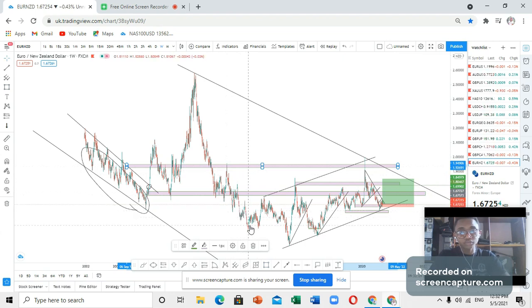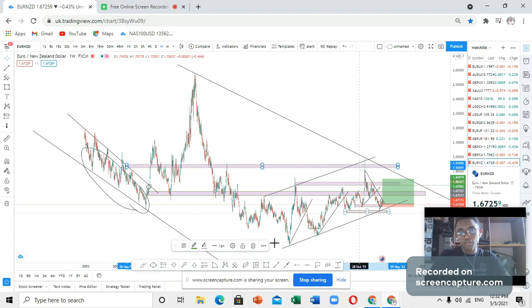And then we had several points of support here that I won't highlight, but as you can see, we had this point of support here. The whole of this is a point of support. It broke out to the downside, and then we are having this pattern that was kind of moving to the upside.